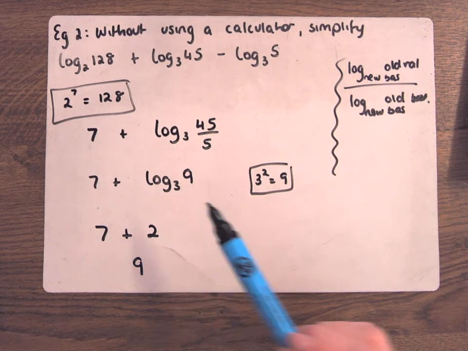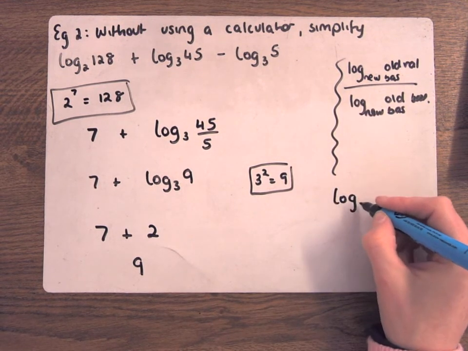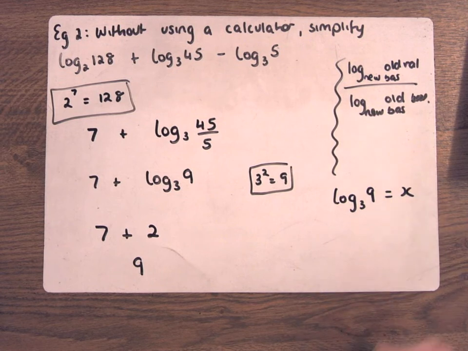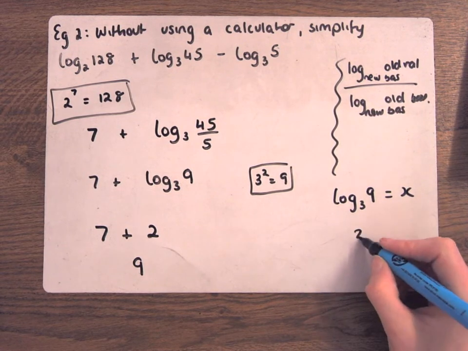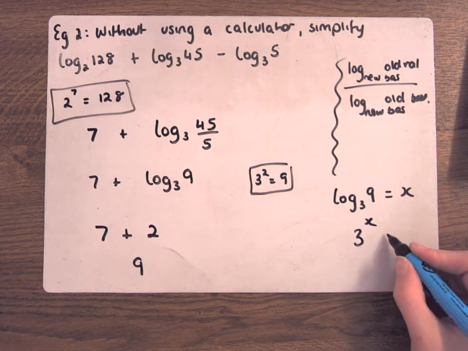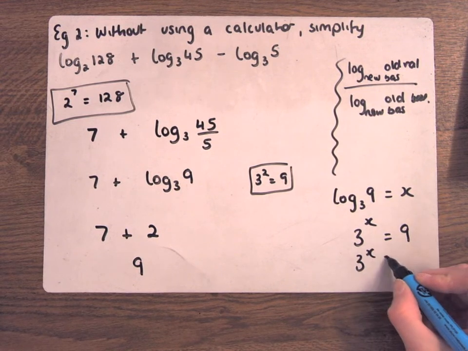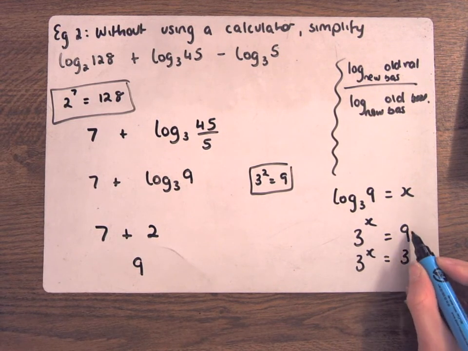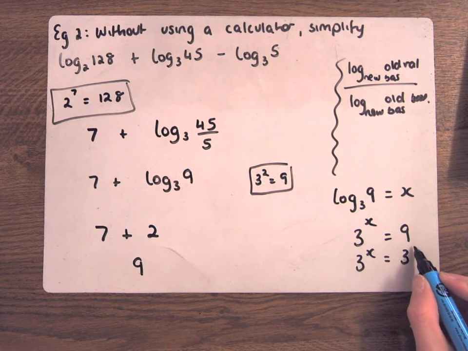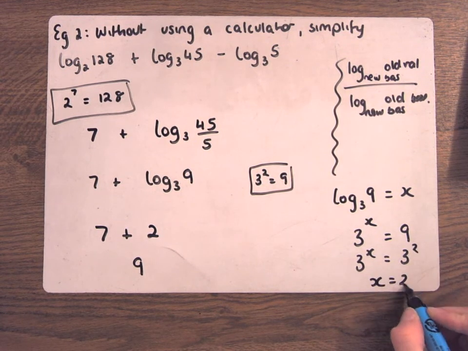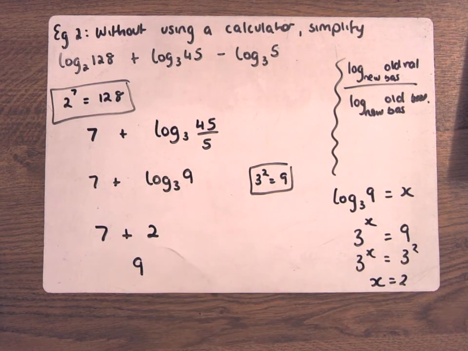Basically you're saying log to the base 3 of 9 is x. 3 to the power of x is 9. 3 to the power of x is 3 to the power of, what's 9? 2. So then x is 2. So that's how I did that.